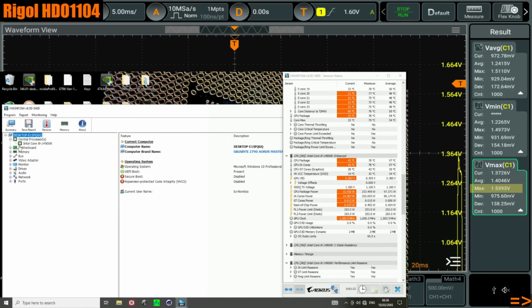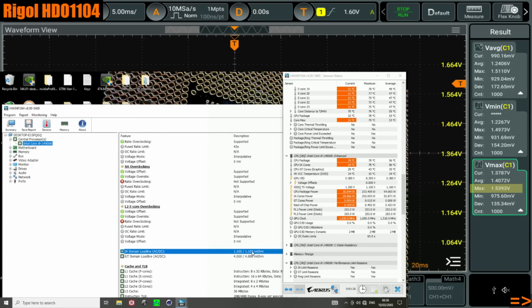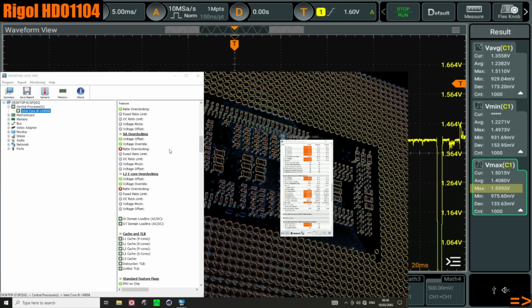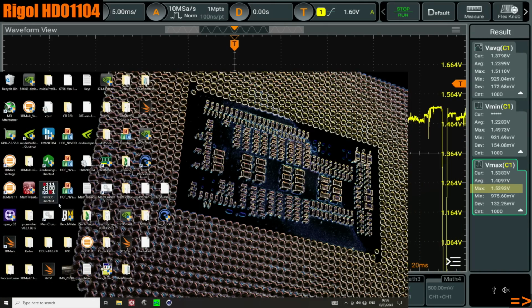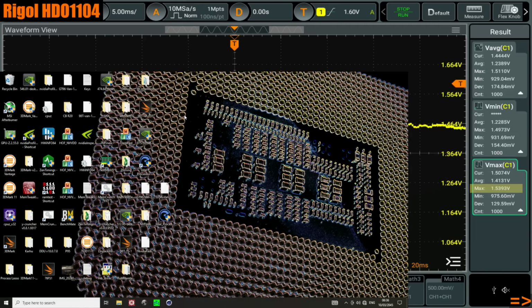At this point, the voltage should be matched correctly. What did they do?